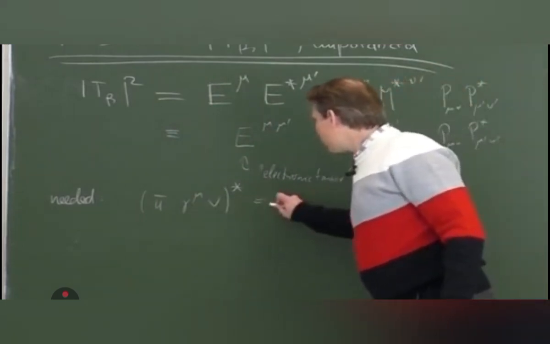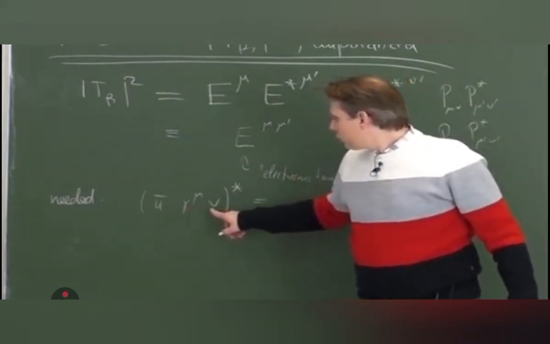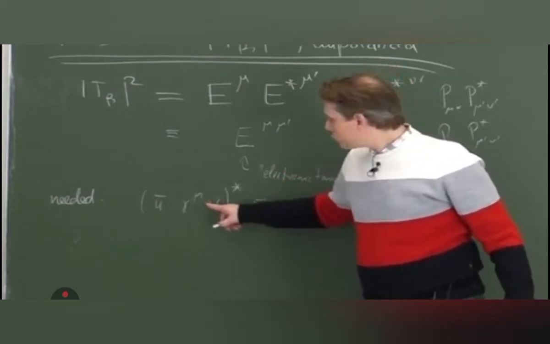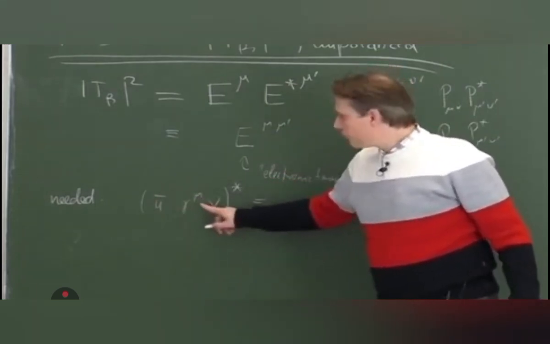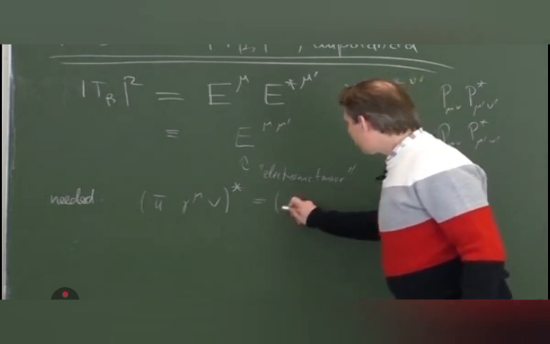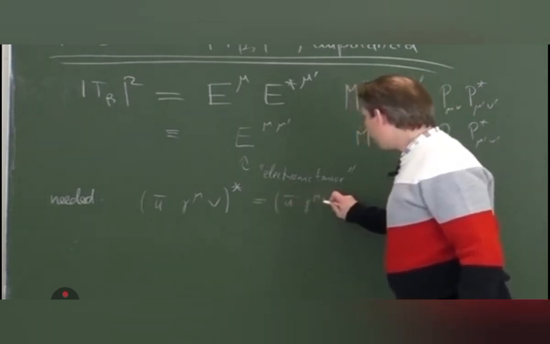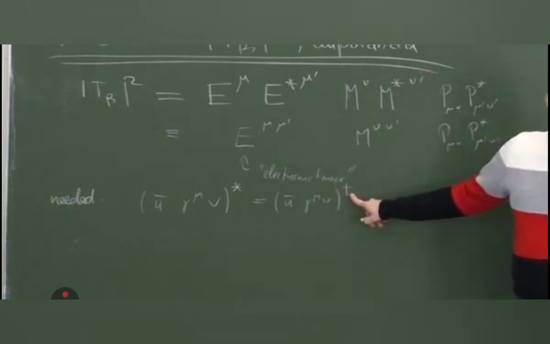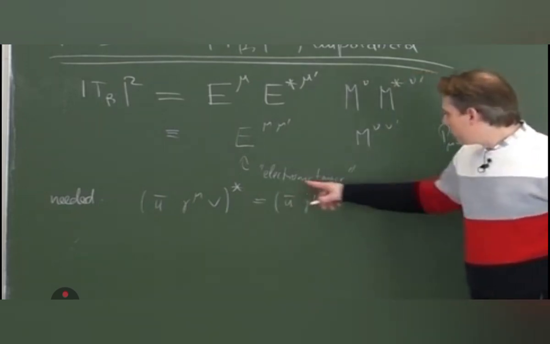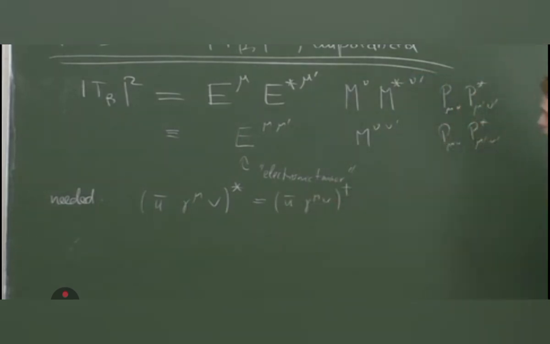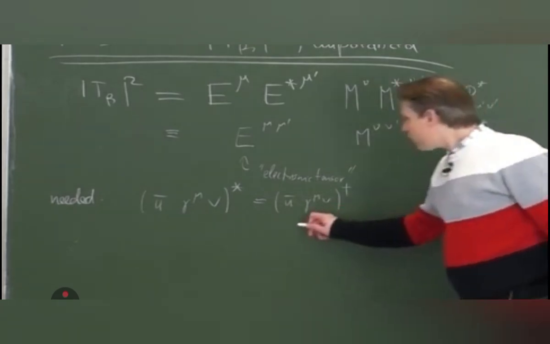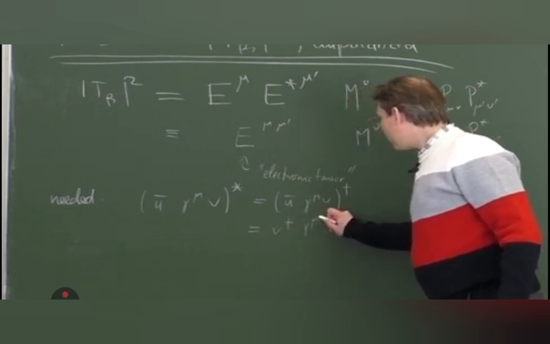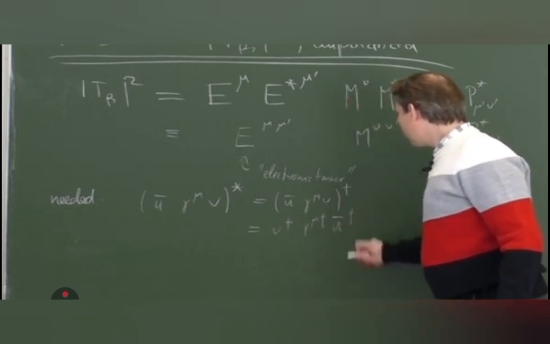First of all, you have to realize that that object here is a complex number in general with an index μ. But from the gamma structure point of view, star is therefore the same as a dagger, because it's a number, therefore transposition doesn't do anything. If we dagger it, then we can write it like this: v† γ^μ† ū†.